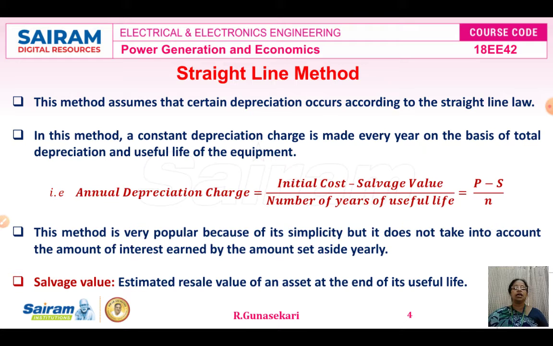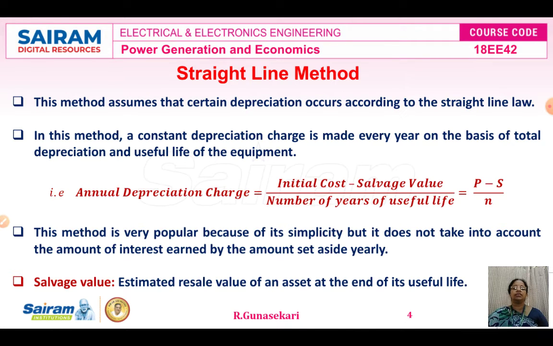The initial cost is represented by capital P, the salvage value by capital S, and the number of years of the useful life by small n. By using this formula, we calculate the annual depreciation charge for every year.